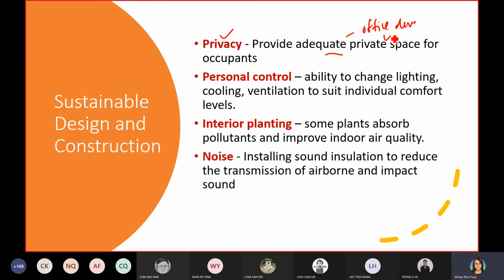Or maybe residential is also very important, but particularly office is very important because if the office space or arrangement is very small or very crowded, lacking space, then a worker won't feel comfortable working in such an environment.